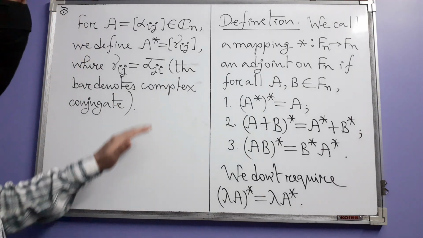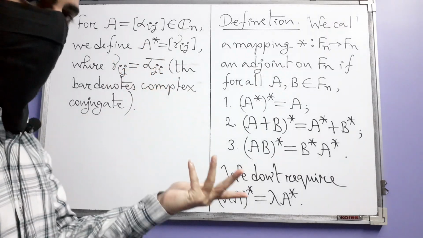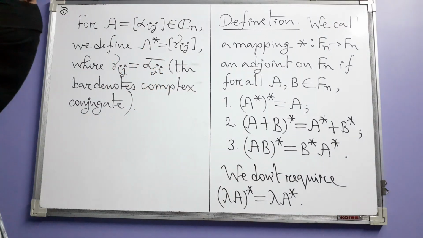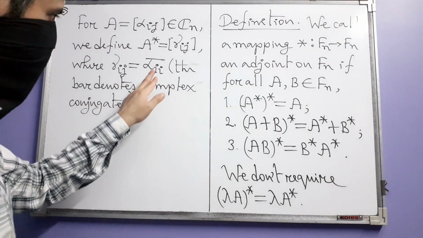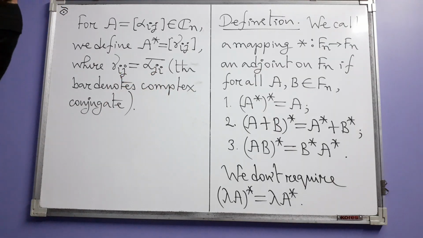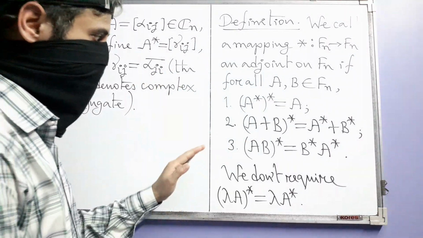Okay, so it makes sense because these are complex numbers, this alpha ij, so we can consider their complex conjugate. And we switch the indices also, just like what we do in ordinary transpose.